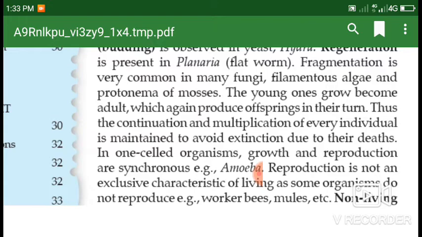To perpetuate life and maintain it on earth, organisms have to reproduce, and this avoids the extinction of species from the earth.